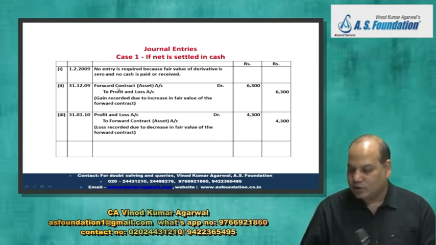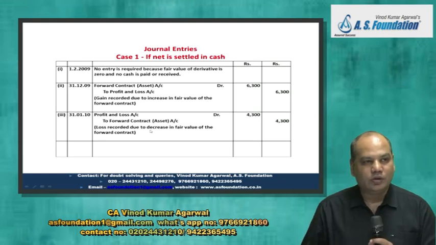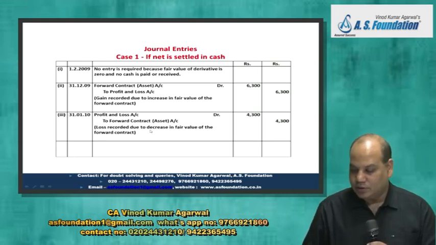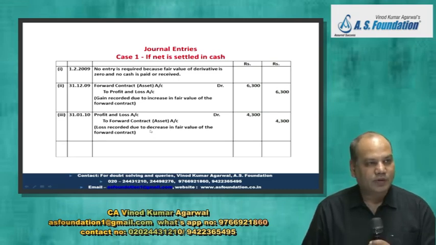Whatever name you write in the earlier entry, you just copy the same here. On the credit side, 4,300, narration: loss recorded due to decrease in fair value of forward contract.